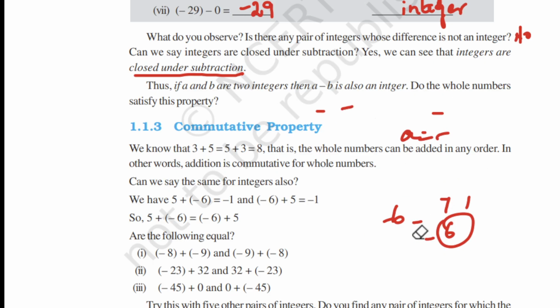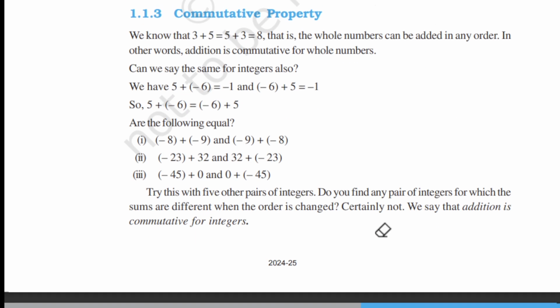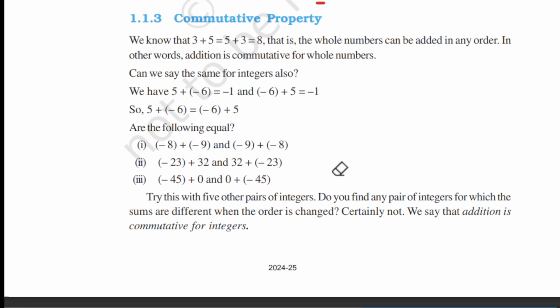Okay, so let me erase all these. Next we have the commutative property. We know that 3 plus 5 is equal to 5 plus 3, which is equal to 8. So whole numbers can be added in any order.